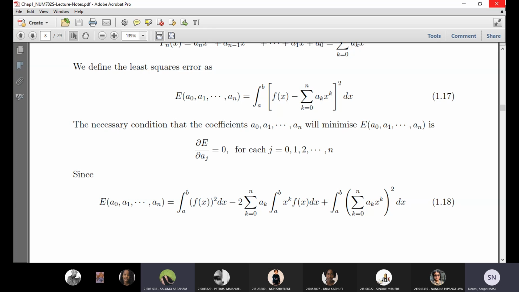So E sub A0, A1 up to AN is equal to the integral from A to B of the error term f of x minus Pn, where Pn is this sum, k running from 0 to n, a_k x to the k. So this is our Pn of x, and that is squared, because that's the least square method. So this is 117.